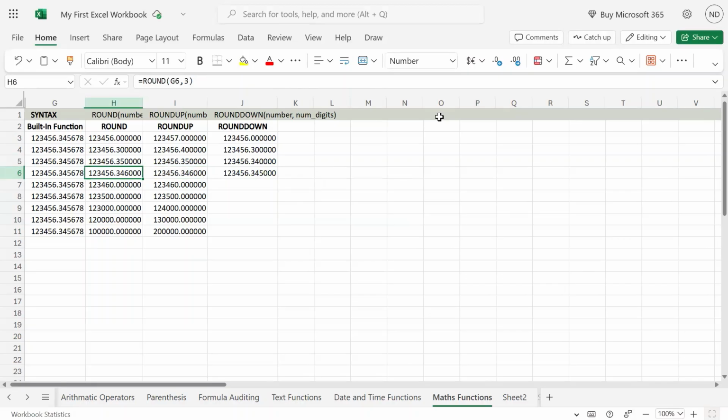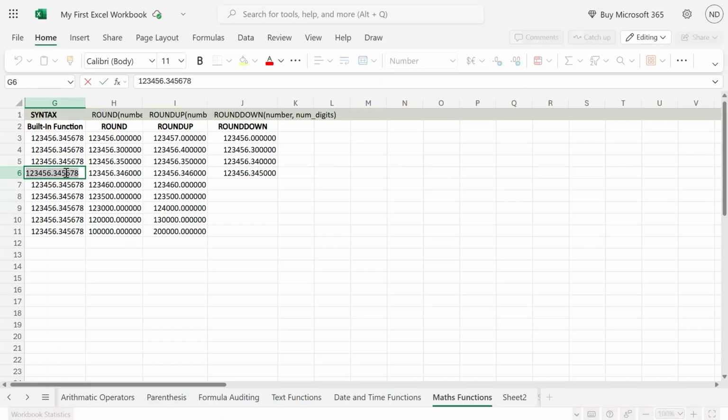Whereas in round and round up, it has increased the decimal point. So you can see here it has increased and made it to 346. Round up has also increased because the decimal has a number which is greater than 5.